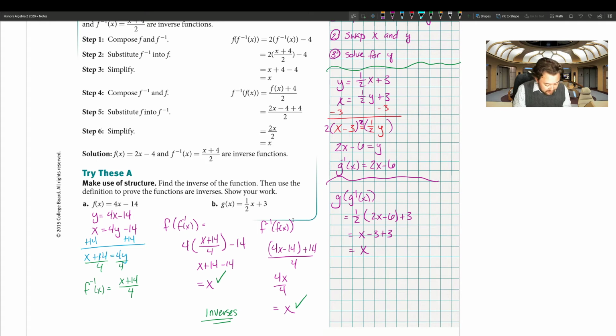Let's see if the other one does the same thing. That'll be the inverse, and we're plugging in g of x. So the inverse was 2 times 1 half x plus 3, and then we had a minus 6 on here.